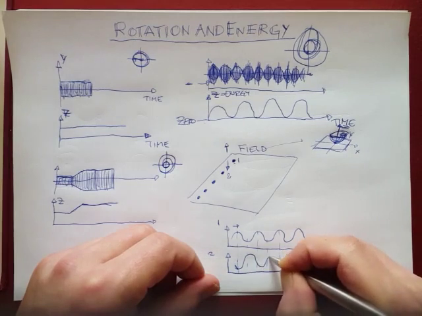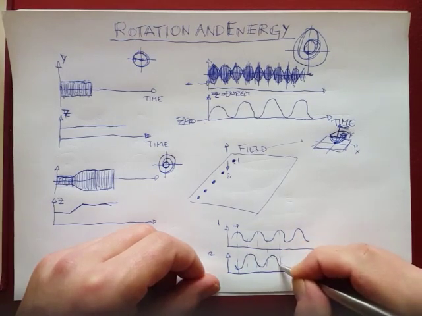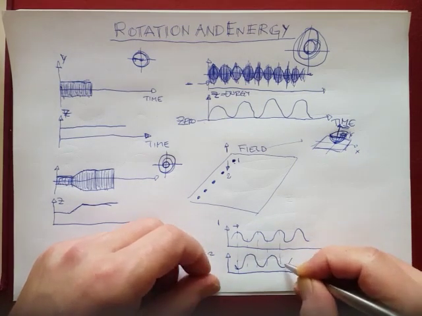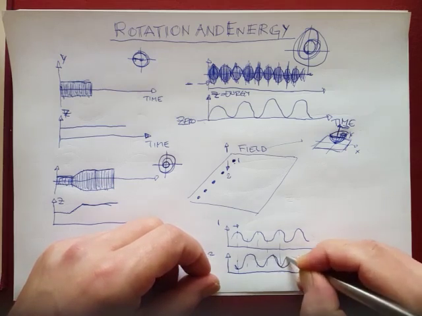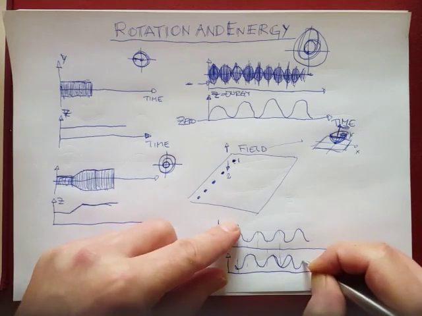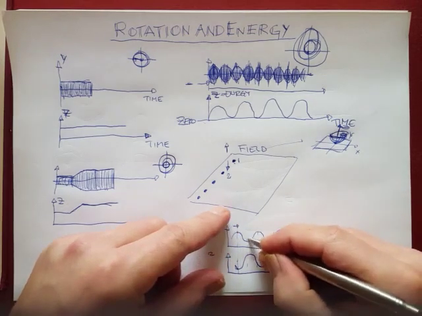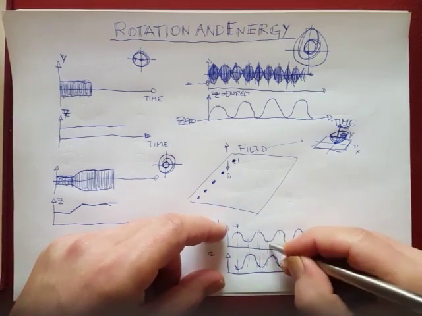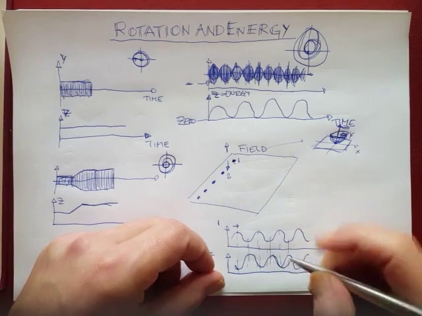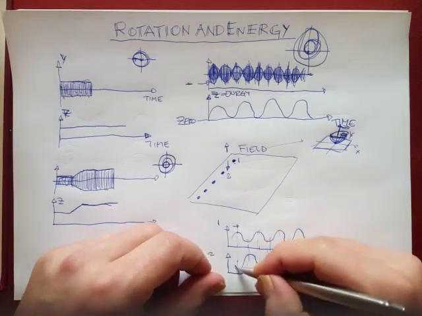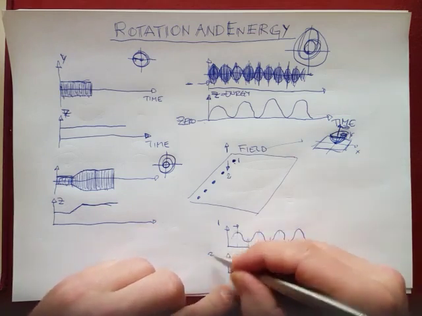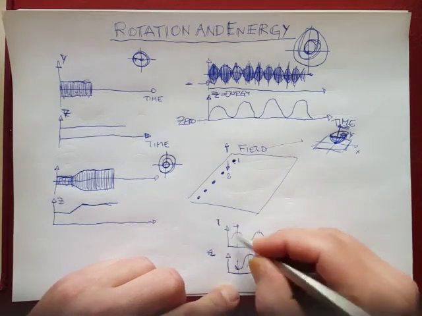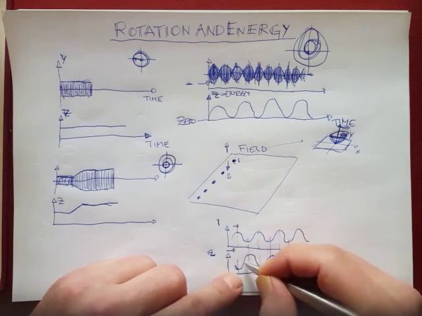So it's like this instead. That should be a minimum, a maximum, a minimum. So you can see that they're not the same. They're different, shifted. So 2 is 1 but shifted in values.